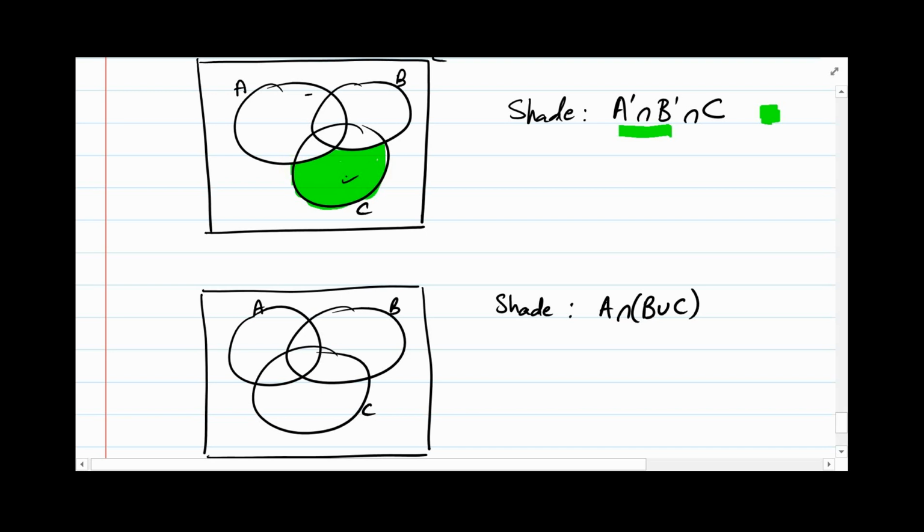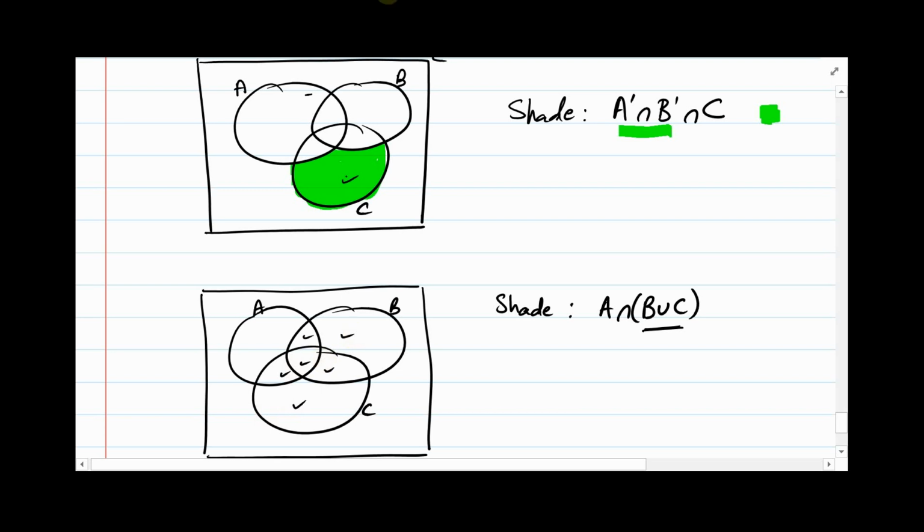All right, when we come to the next one, it's almost like doing order of operations as you would in, say, arithmetic or algebra. Work inside the bracket first. So if I am doing this, let's just look at what regions are B union C. So B union C would be any of these regions that I have.